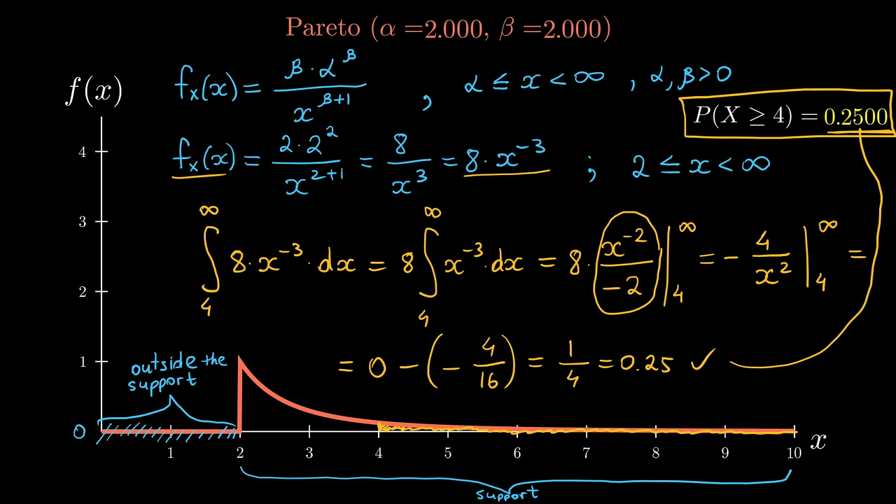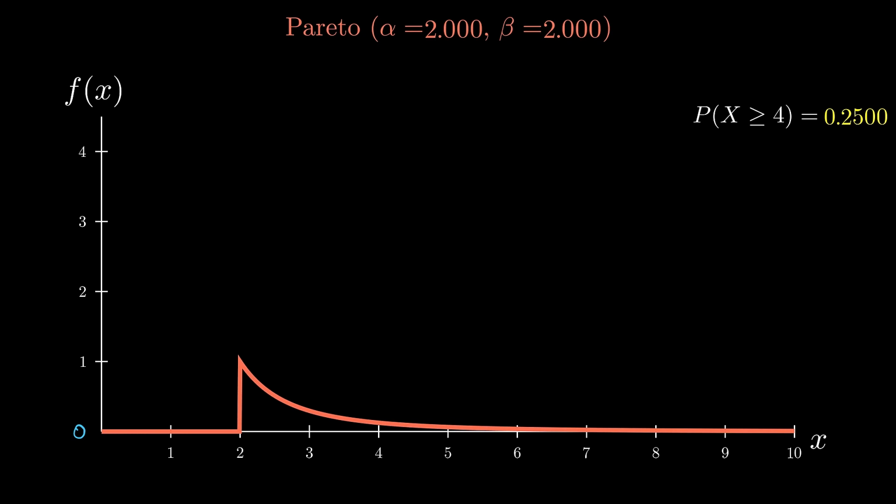And we'll now be aware of the fact that there's quite a bit of area in the right tail of the Pareto 2-2 distribution. Now what happens as we change the value of the parameter beta? Let's take a look. Notice that as the value of the parameter beta decreased from 2 to 0.2, the area to the right of 4 increased from 0.25 to 0.87.